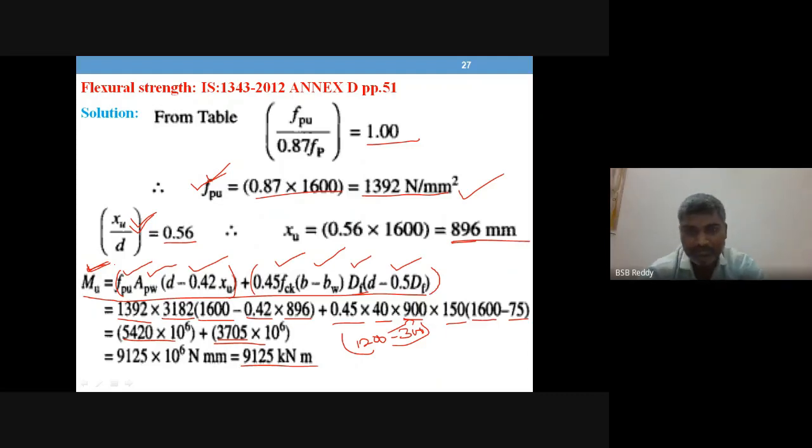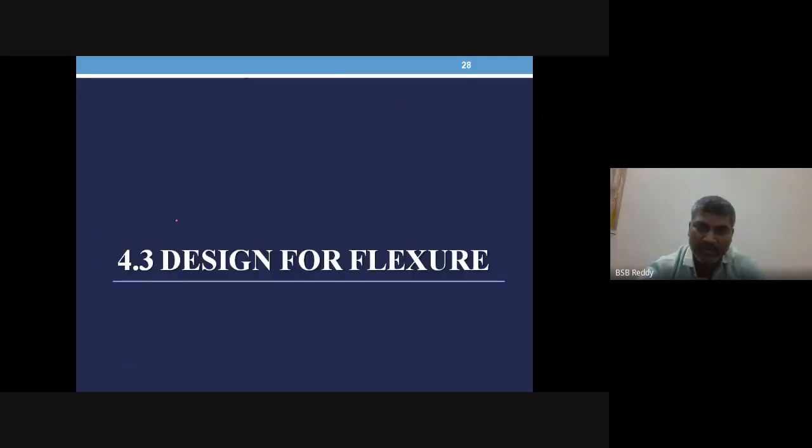Okay, so this is how we solve the moment of resistance of different sections, whether you are given rectangular or flanged sections, anything you can solve for such cases. Okay, right. Next session we'll take up the design for flexure. Okay, right. Thank you.